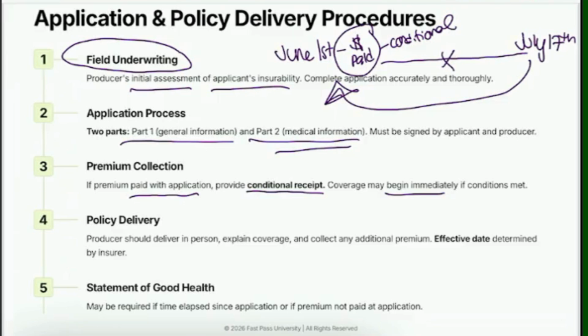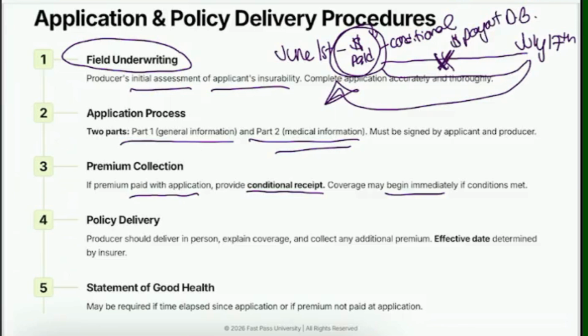The policy will not be issued. The death benefit will not be paid to the beneficiary. If the person dies right here and they did pay that initial premium, underwriting is still going to continue underwriting it. And if the policy would have been issued, it will still pay out the death benefit.